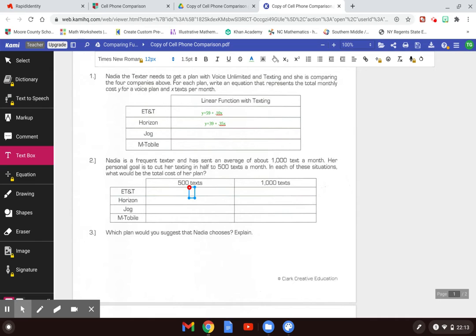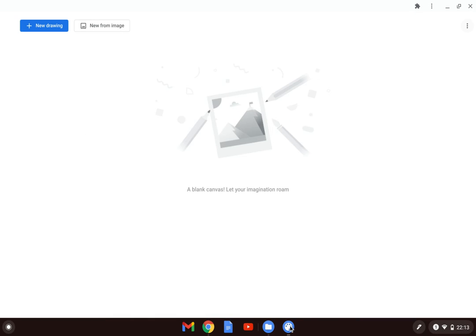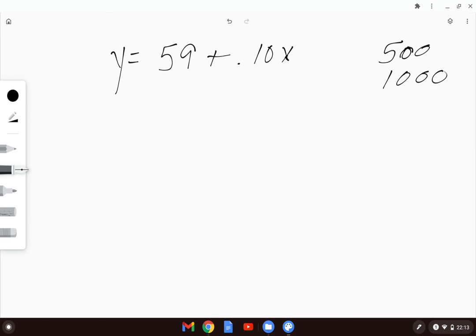All right, so if we go here and start with our first function, which was Y equals 59 plus 10 cents X. Okay, so the 2 amounts that we're looking at are 500 texts and 1,000 texts.